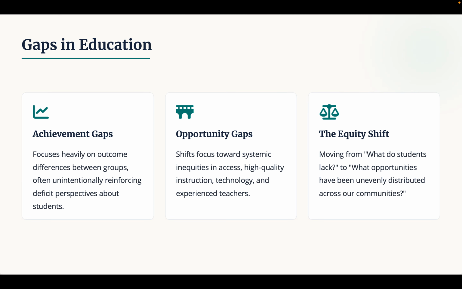Opportunity gaps shift the focus towards systemic inequities, such as access, resources, instruction, technology, experienced teachers, and learning opportunities. So rather than asking, what do students lack? We begin asking what opportunities have been unevenly distributed. That's a very different and much more equity centered question.